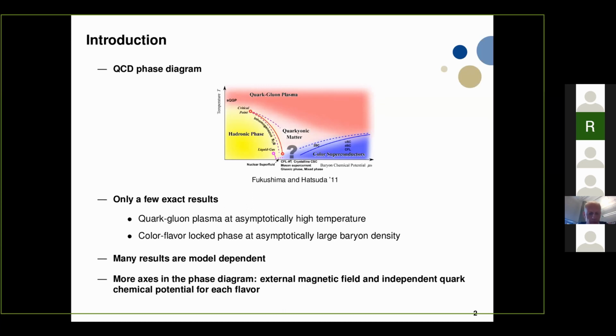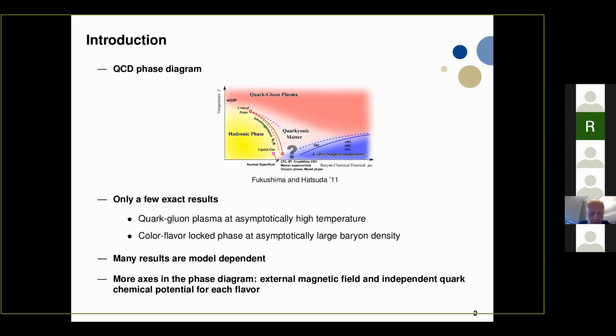And of course, part of the problem is that this part of the phase diagram is not accessible to lattice simulations. However, in this phase diagram, you can, if you wish, add more axes to it. We heard Monday evening there was a session on external magnetic fields.